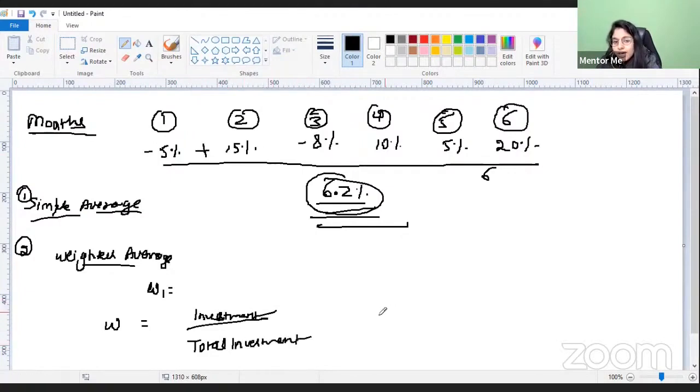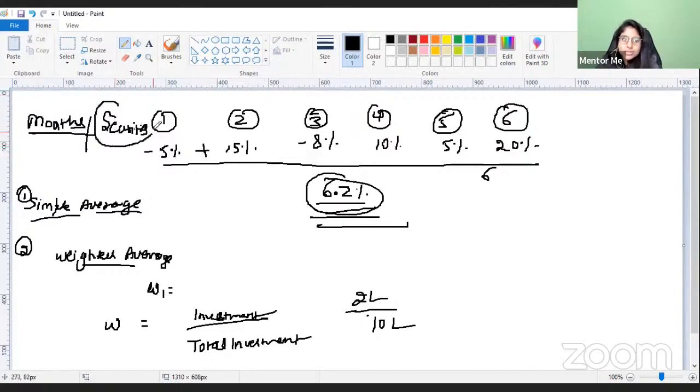Let's say if we have 10 lakh in total to invest, in the first month we invested only 2 lakh. ओके इसको आप मंथ वाइज भी ले सकते हो या ये सिक्योरिटीज भी कंसिडर कर सकते हो. एनीथिंग कि आपने 6 सिक्योरिटीज में इन्वेस्ट किया, ठीक है, जो भी आपको ज्यादा कंफर्टेबल लगे. वेट पर्सपेक्टिव से I think सिक्योरिटीज वाला आपको ज्यादा क्लैरिटी देगा.